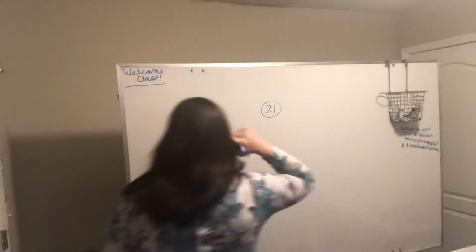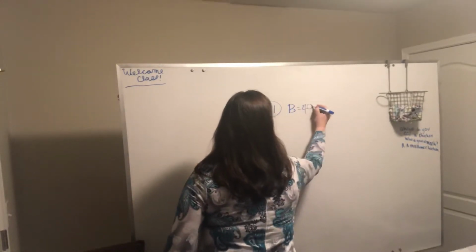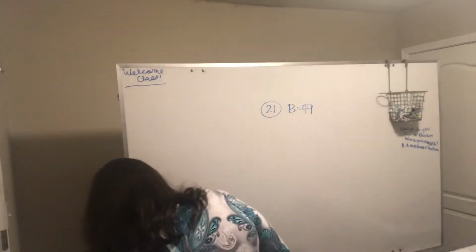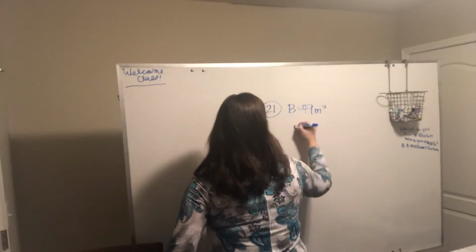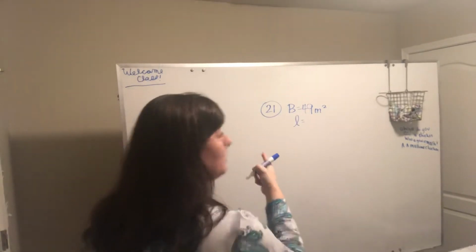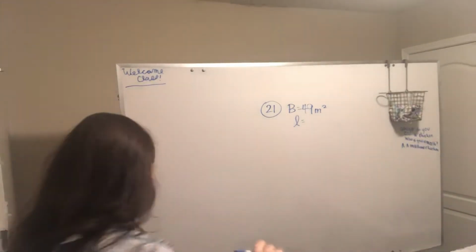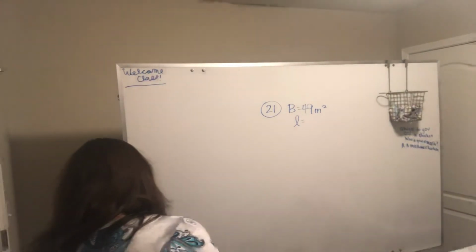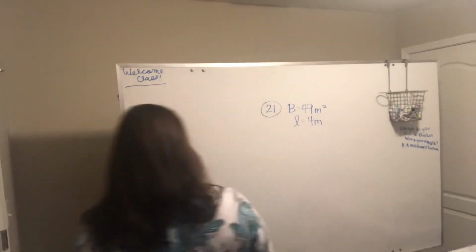The base area is 49, and the label there is square meters. And then it tells you it has a slant height, which is L. And I use a cursive L. That's what they use in your book, cursive L, because otherwise it would look like a 1. So the slant height is 4 meters.